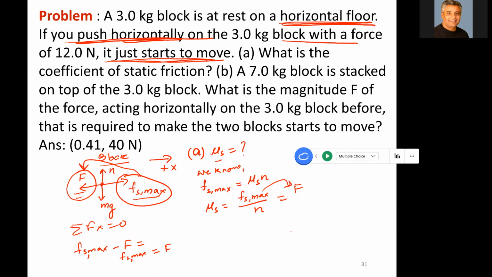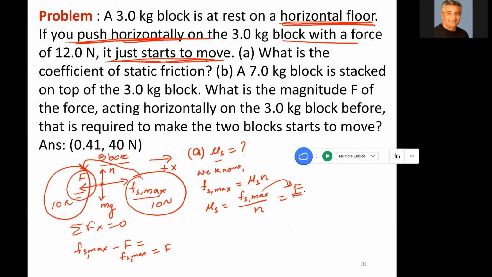Direction is shown by drawing the arrows, okay? The arrows mean direction, but the value, for example, if this is 10 Newton, this is 10 Newton. So this is 10 Newton to the left, this is 10 Newton to the right. But what's the value? 10 Newton.